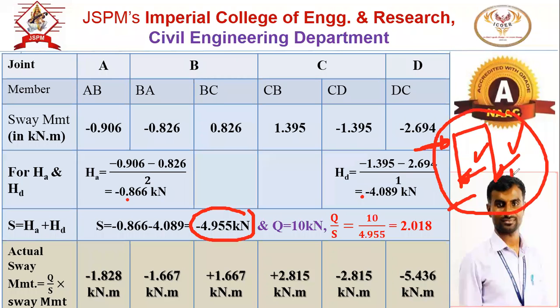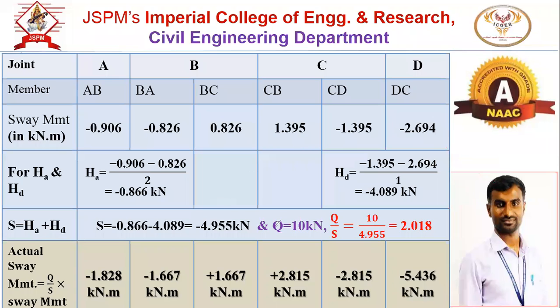So that's why if both the reactions are acting in the left direction, the sway force will act on the opposite side, means on the right hand side. So that's why consider positive 4.955.